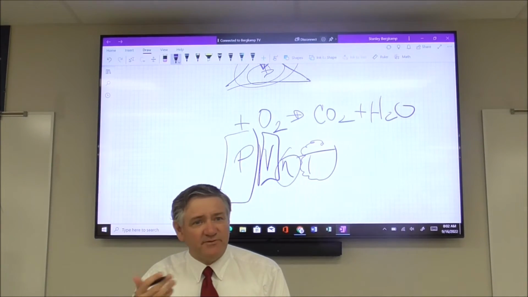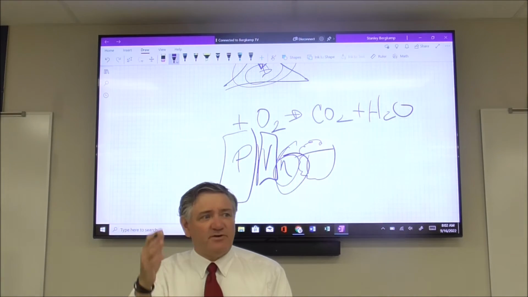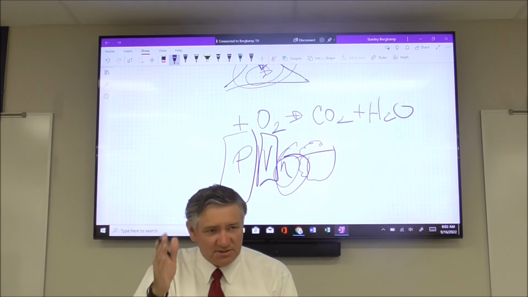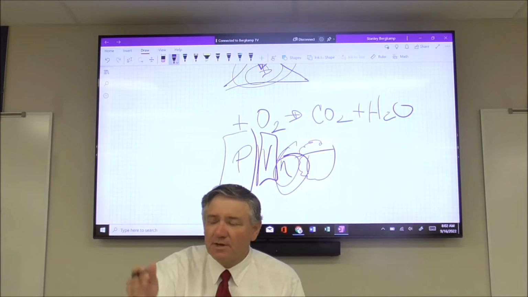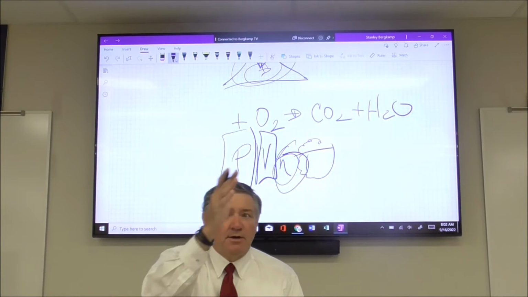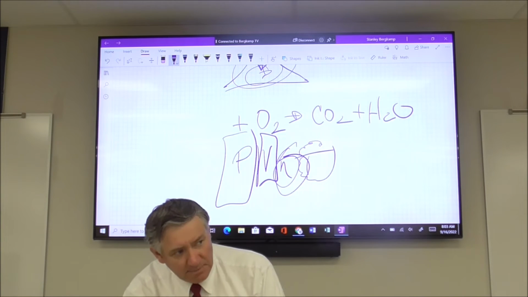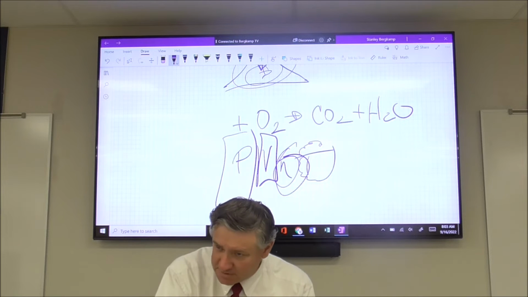Your independent variable is the one that you can control. In this case, our independent variable is N, the number of particles. So the pressure is dependent upon a change in the number of particles. So our dependent variable is going to be pressure.